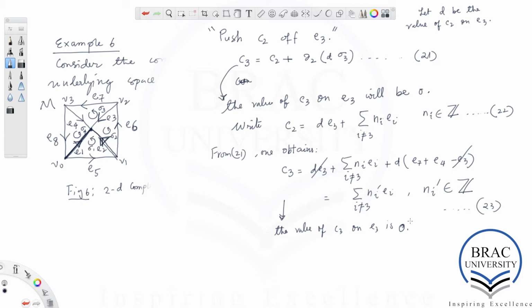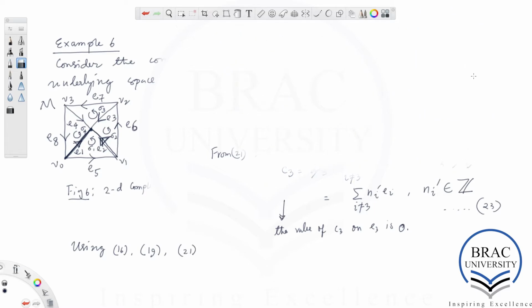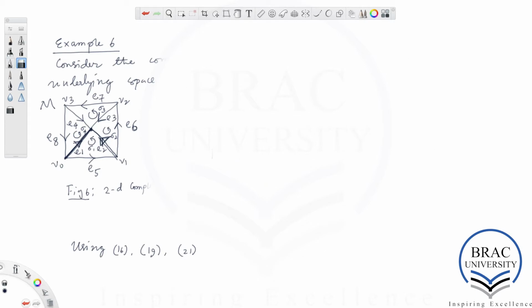So using 16, 19, and 21. Okay, so let me write those equations so that you understand clearly what's happening. So let me write 16 again. What was 16? 16 was the modification of the given one chain in the first step.